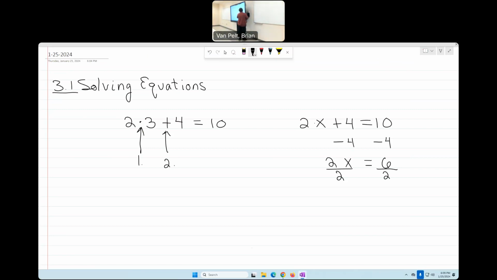The reason why you do this is these cancel out, and all that's left is the letter x, which is what we want all by itself, isn't it? Which we knew the answer was going to be 3 before we did this. So solving an equation is to reverse the order of operations.